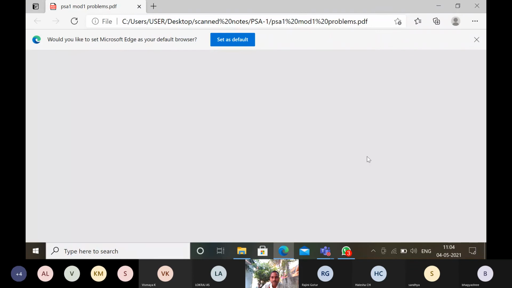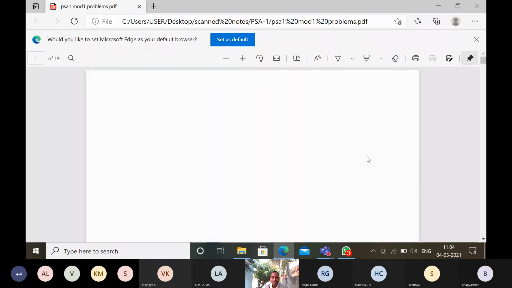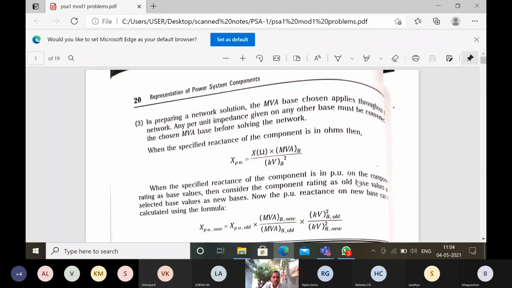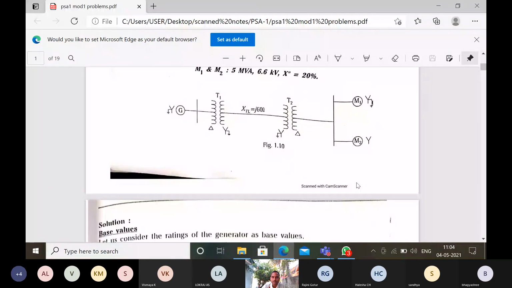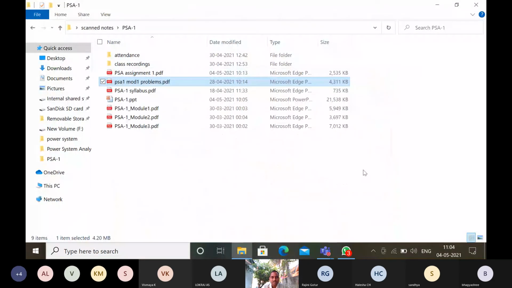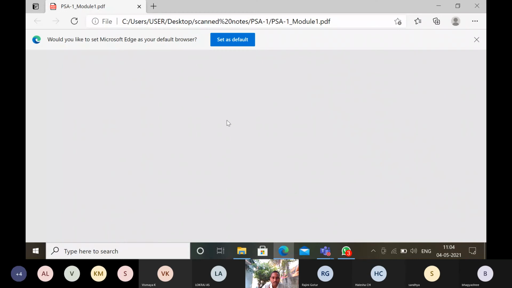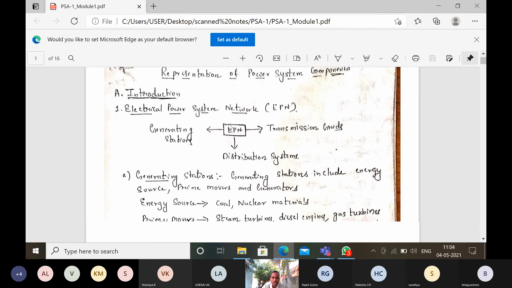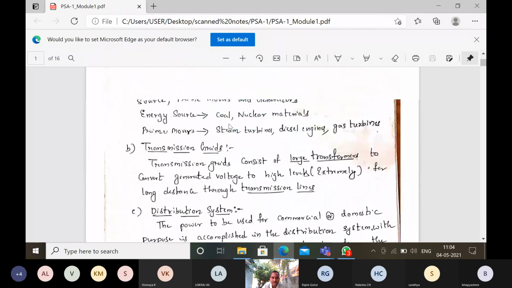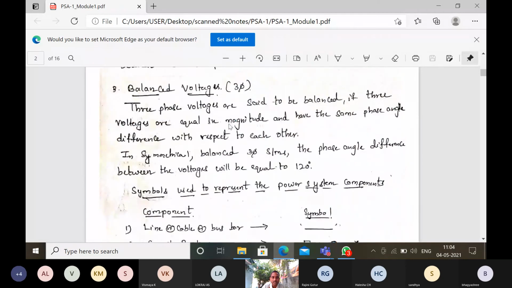So I have explained that on the whiteboard, I think, right? So that is not here. So these are all problematic part. The per unit impedance, that I have explained on the whiteboard. Also I have shared the notes. Go through the notes. So all the theoretical part is in these notes.